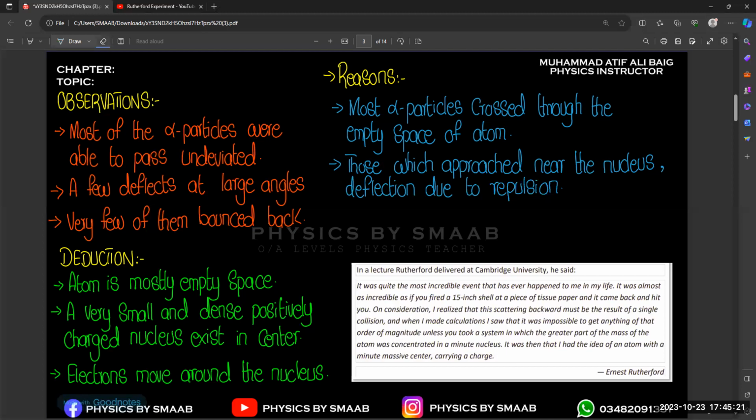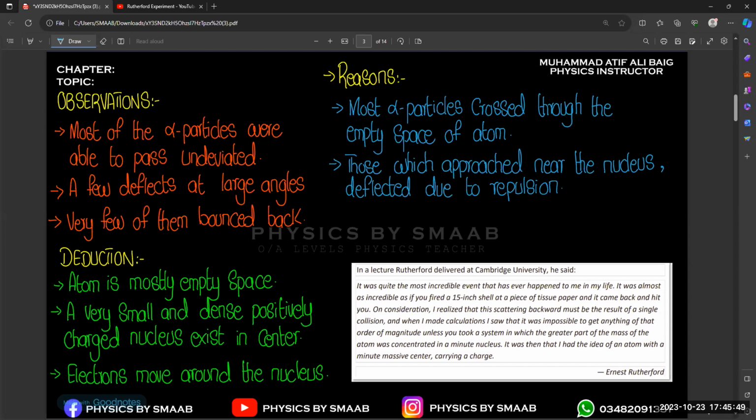So why do those particles that reach the central part get deflected back due to repulsion? One answer I got is that alpha particles are positive charge and the nucleus is also positive charge. Like charges repel each other. Yes, the same force is repulsive.